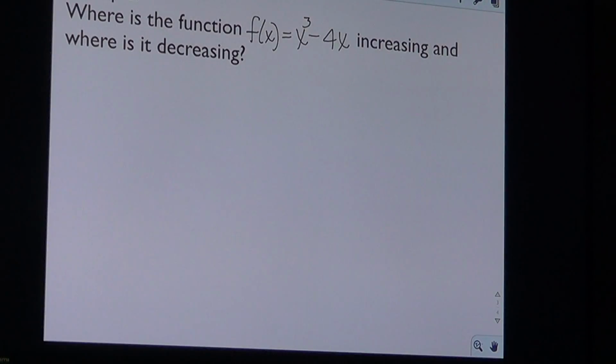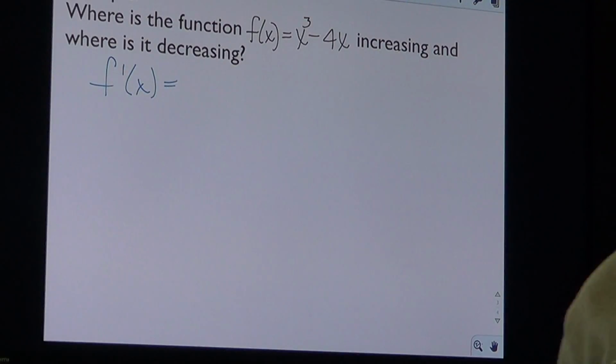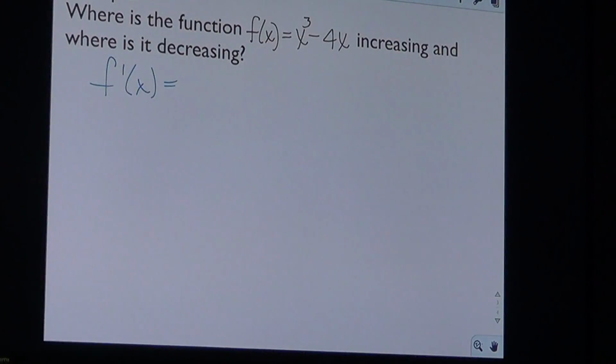We will find the derivative, which is what? 3x squared minus 4. Good. And then we will set it to be greater than 0.